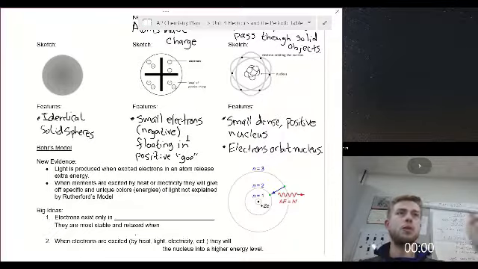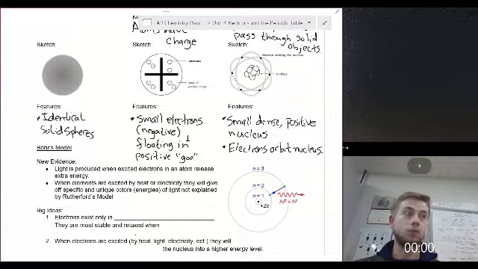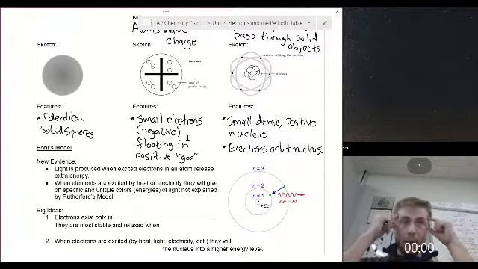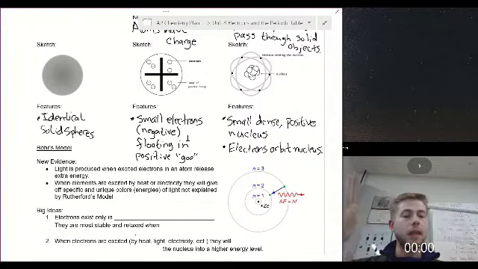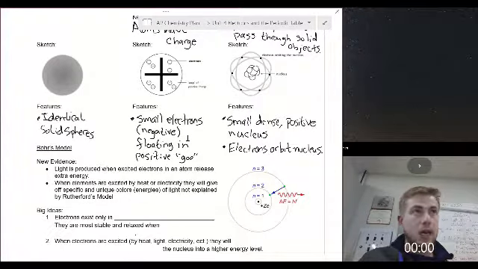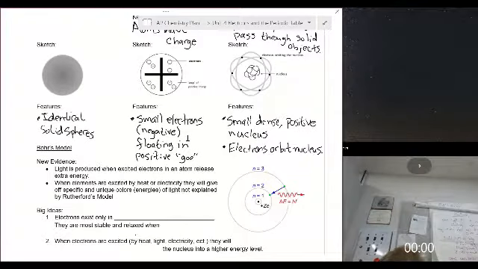So around the room, there's going to be a couple gas discharge tubes set up. I want you to grab a pair of diffraction glasses from the front. These diffraction glasses split up light into its component colors. And I want you to take a look at some of these gas discharge tubes, and look for the very bright lines that get produced by each light bulb.